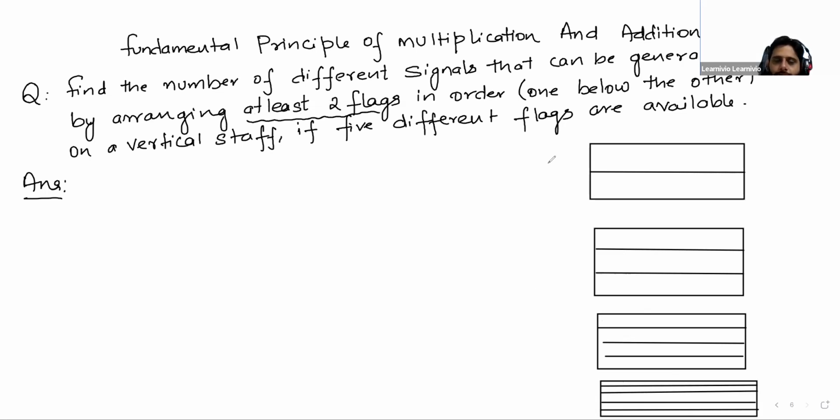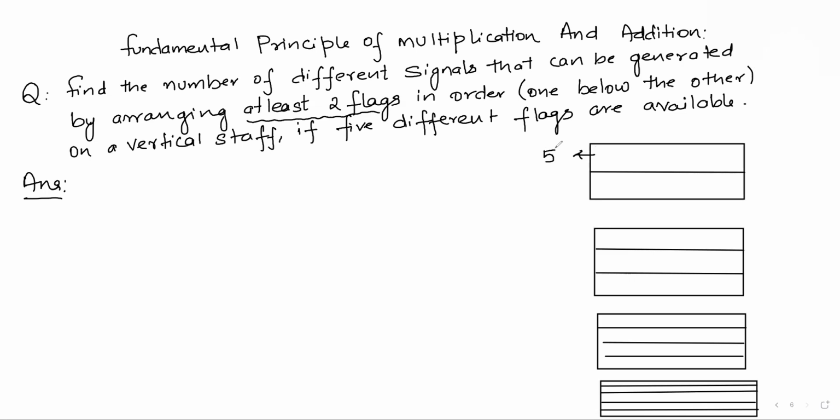Okay, Yusra, please tell me, if we form a signal by using 2 flags, then how many choices do we have for this upper part? Yusra? 5.